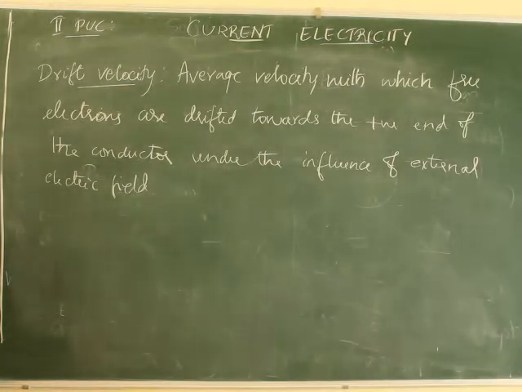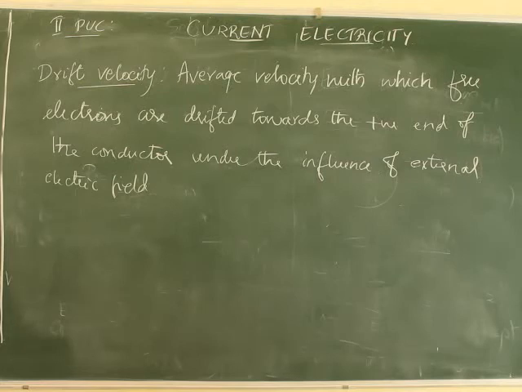So, average velocity with which the free electrons are drifted towards the positive end of the conductor under the influence of external electric field. Now a small work for you is to derive the expression for the drift velocity.